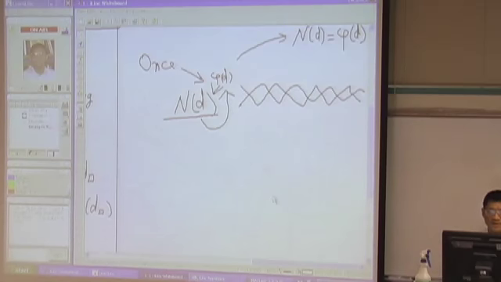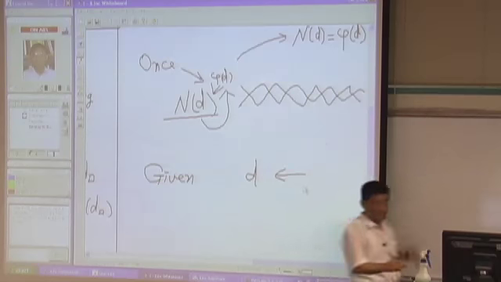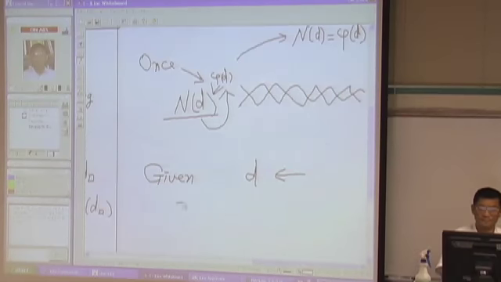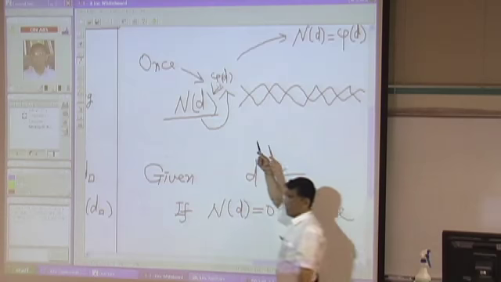We are focusing on n of d. Assume we are given d, which is a divisor of p minus 1. If n of d is 0, then done. Why? Because 0 is less than or equal to phi of d, and phi of d is greater than or equal to 1.